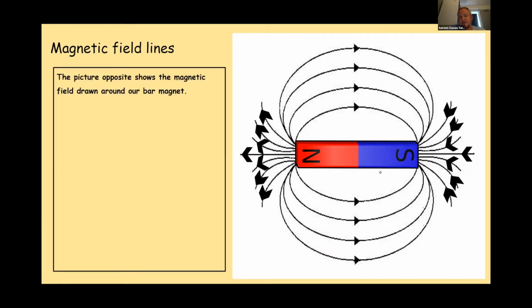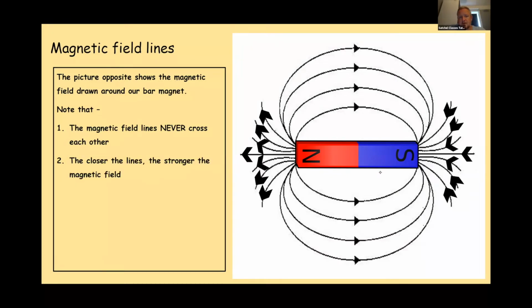The picture opposite shows the magnetic field drawn around our bar magnet. Note this, the magnetic field lines never, ever, ever cross over each other. The closer the lines are, the stronger the magnetic field. Now this ties into what we said earlier about the magnetic field being strongest at the poles of the magnet.